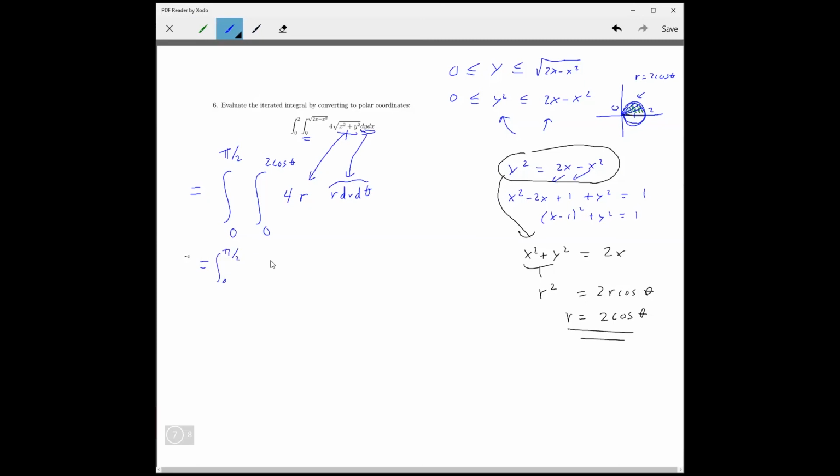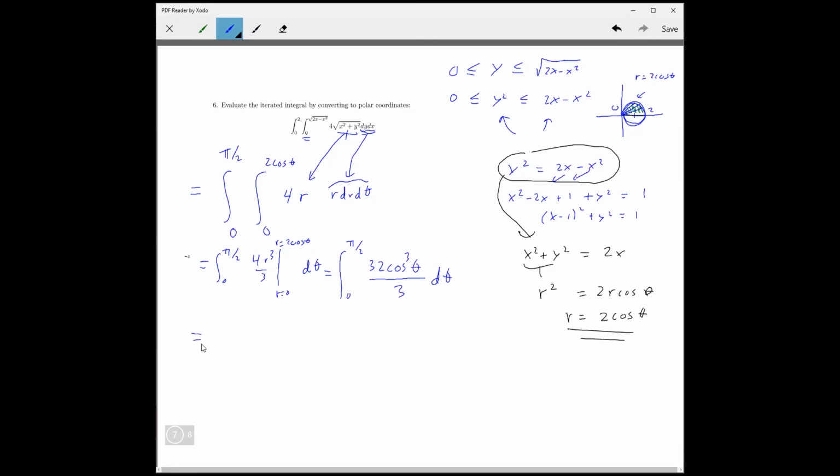When you integrate that, that's 4r cubed over 3, evaluated from r equals 0 to r equals 2 cosine theta. Plugging the 2 in here, you end up with 32 cosine cubed of theta over 3 dθ.